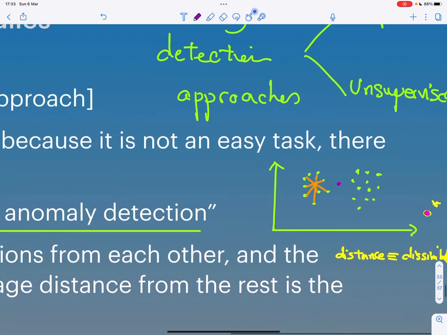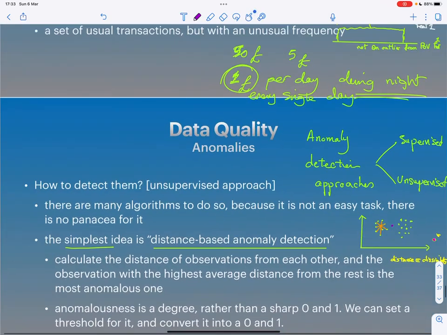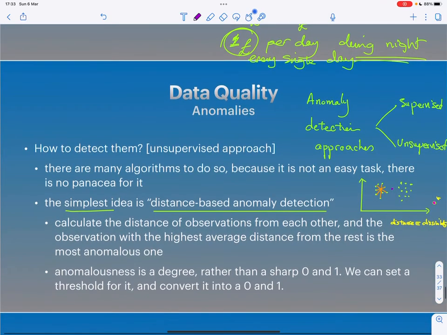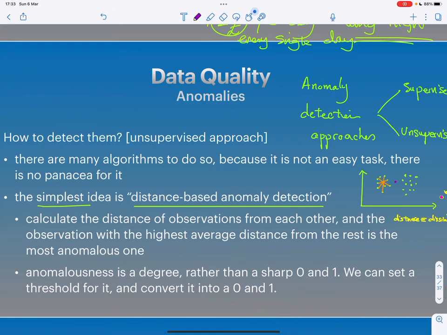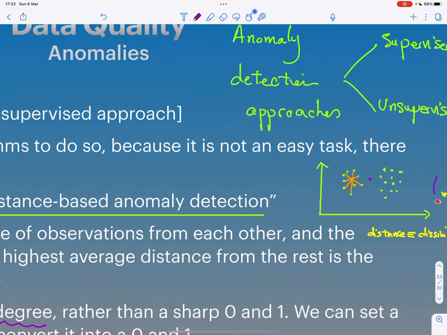Well, that's the point, that being anomalous, or anomalousness, is a degree rather than a sharp 0 and 1. So we can say that this one is the most anomalous case. This is the second most anomalous case. Okay?